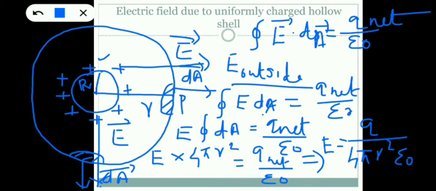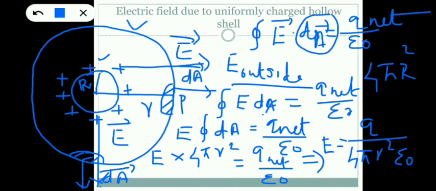And why did we substitute 4 pi small r square? You may have a doubt in that. Why don't we write 4 pi capital R square, because capital R is the radius of that shell? Because in integral E dot dA, this dA indicates the area of the Gaussian surface. And which is our Gaussian surface?